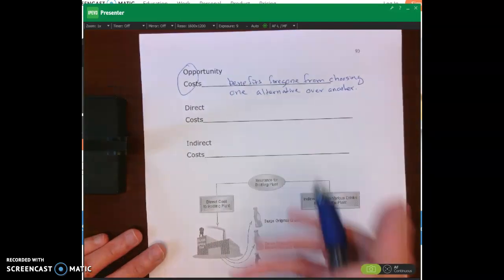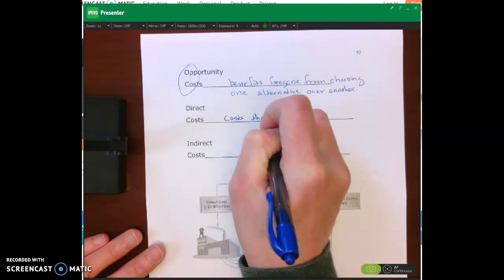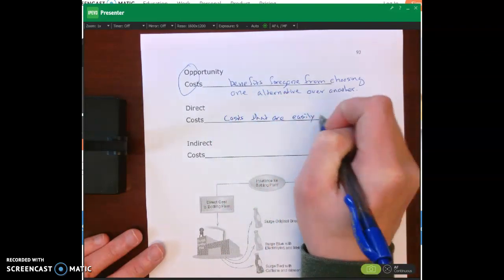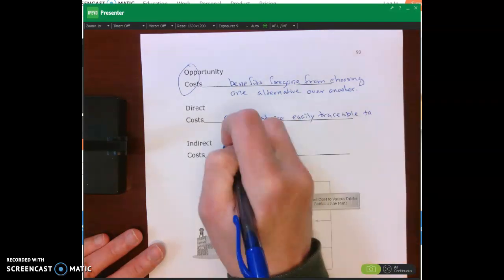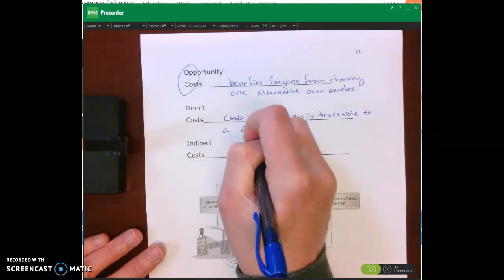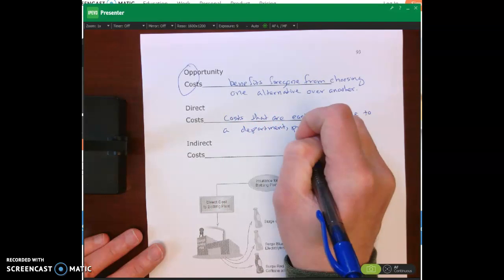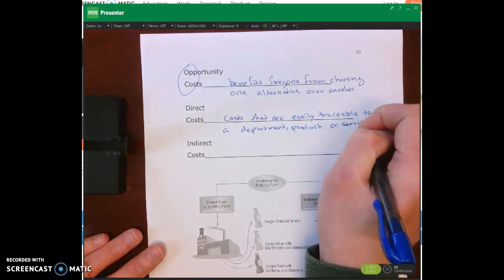Let's talk about direct costs. So those are those costs that are easily traceable to a department, product, or service.